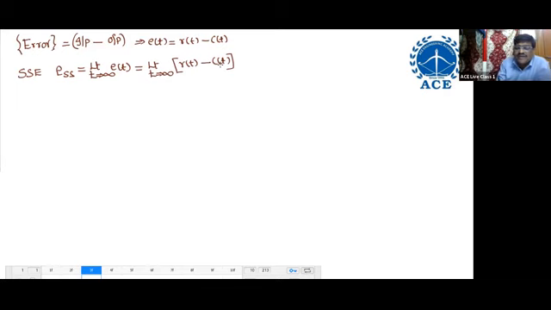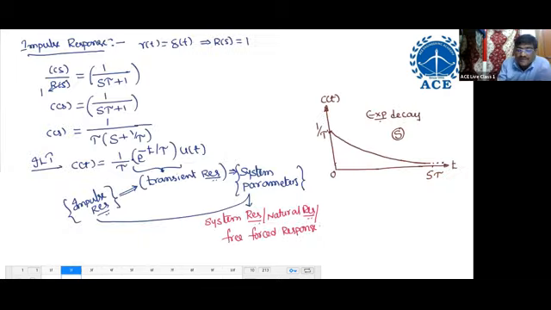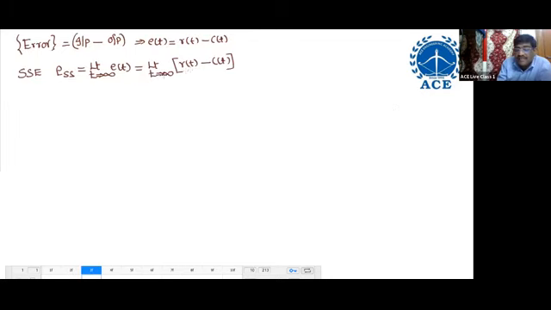Now tell me, what is R of t for impulse? Delta of t. What is C of t? 1 by tau e power minus t by tau. But where do you have to write R of t? At infinity. What is R of t at infinity?